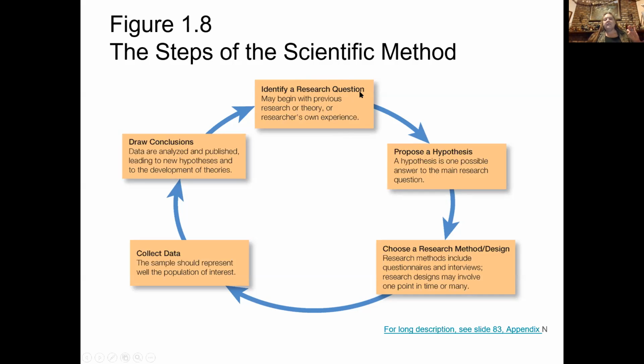Once you identify your research question, you need to propose a hypothesis. A hypothesis is one possible answer to the main research question. So the hypothesis is stating your research question in such a way that you can either support it or basically disprove it.